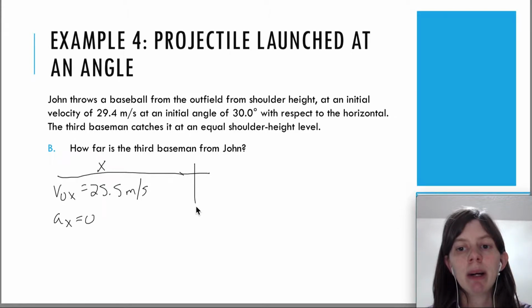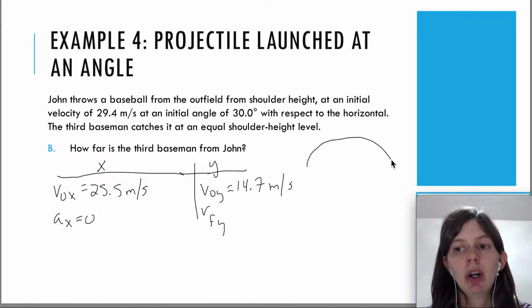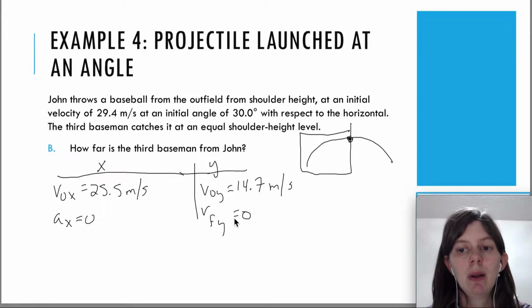If we go back and write down the y direction here, we have v initial y, which we found as 14.7. We have v final was 0, but that was when we were looking at the halfway point here, which is okay. We can still look at the first half of the problem. We have ay is negative 9.8.